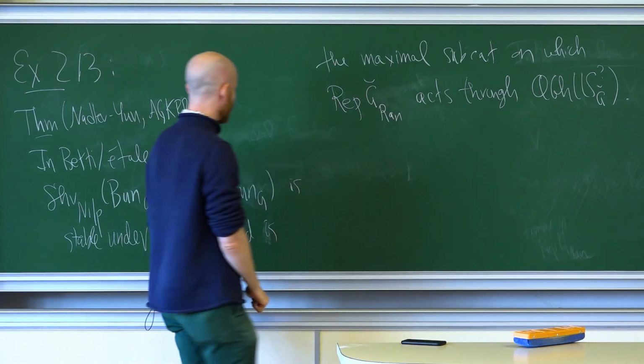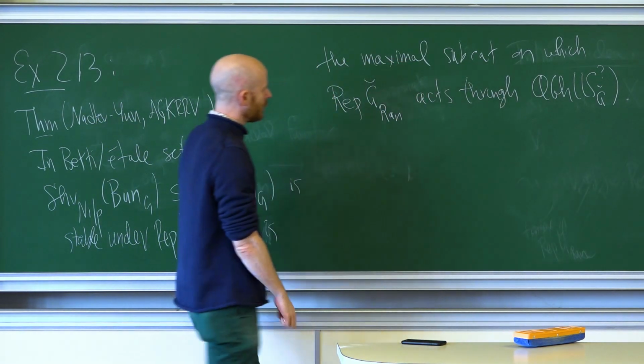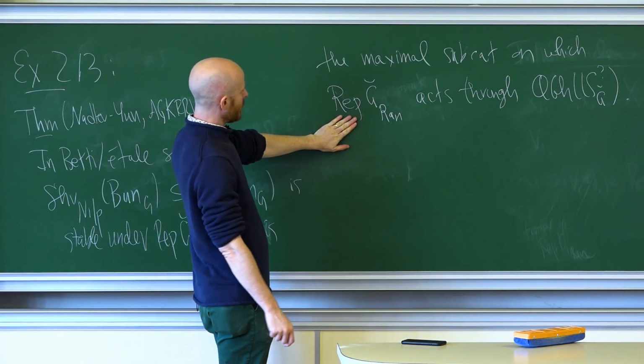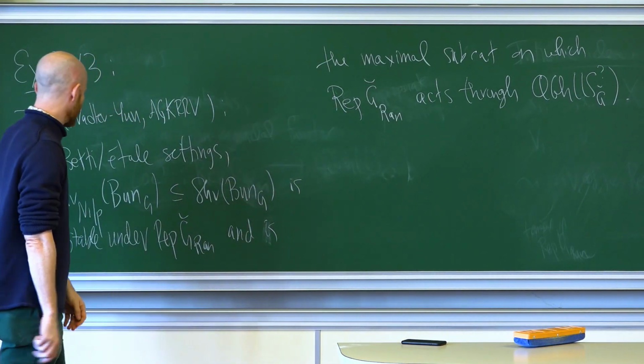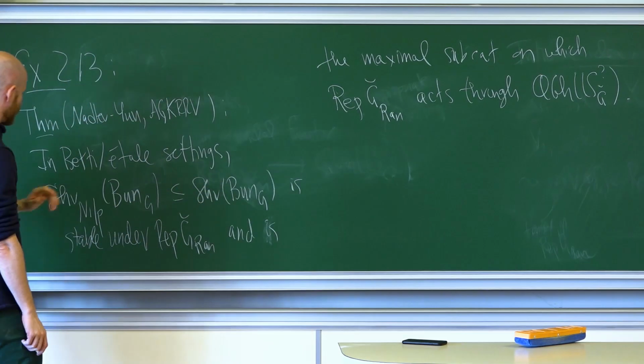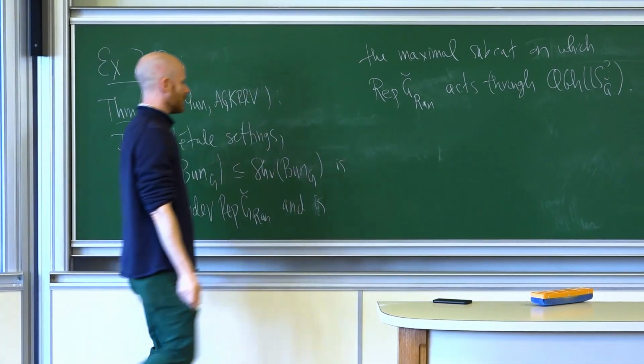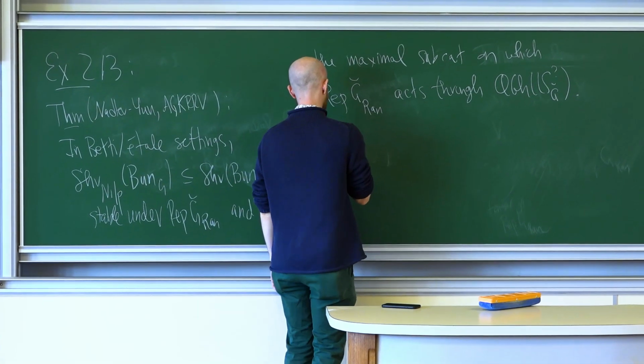In other words, you can take this Rep G-check Ran mapping to this QCoh of Loc_sys G-check. You can take the kernel, that's some kind of ideal inside of here, and you can take the subcategory annihilated by that kernel, and that'll be exactly Sheaves_nilp. And so you can take this as a definition.